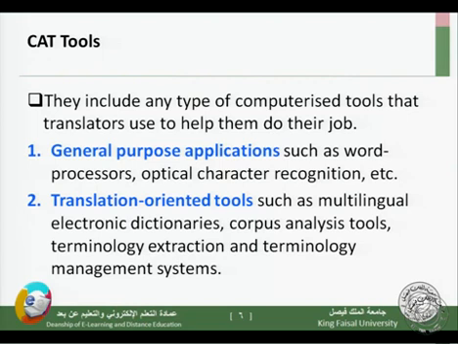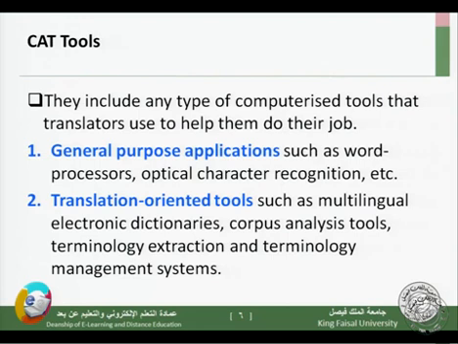But we have two types: general purpose applications. General purpose applications such as word processor, optical character recognition, etc. General purpose processor, like the word processor, Windows, and so on. So you use them, and they are called tools.